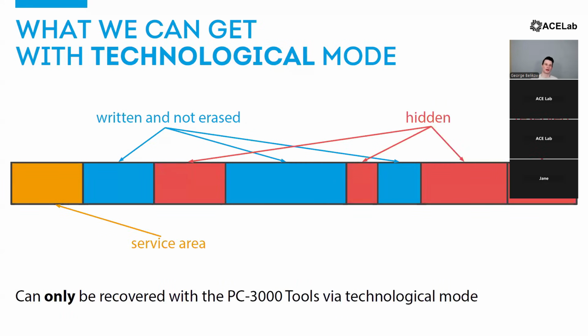In technological mode, we will not only get access to the data which is written at the moment, but with the help of the service area, working with the additional information taken from the firmware part of the SSD, we can recover the data which is hidden at the moment on the operating system level. This information can only be recovered with PC3000 tools via technological mode. We are the only solution that can help you recover the data after it has been deleted and trimmed.